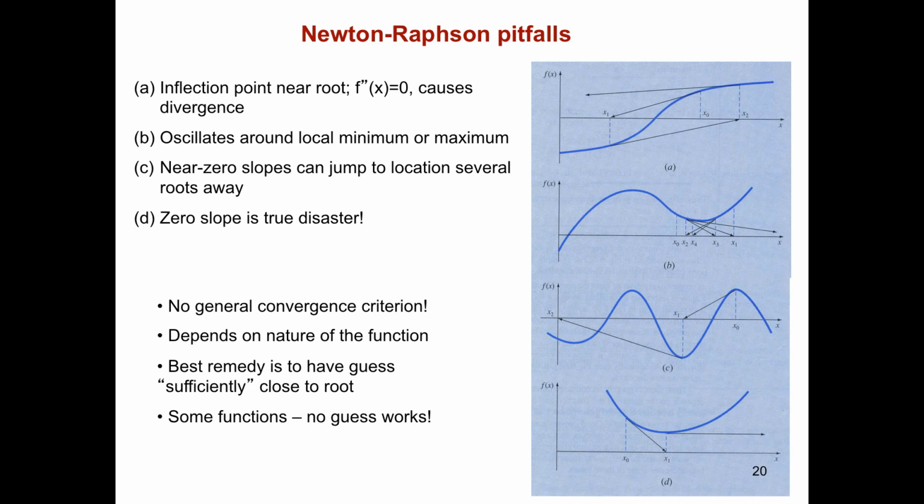The second problem is that if I have a local minimum, where my f prime is close to 0, that can cause trouble, so I could start oscillating back and forth without ever really going to the root. Basically, there are a bunch of peaks and valleys between the starting point and the actual root.